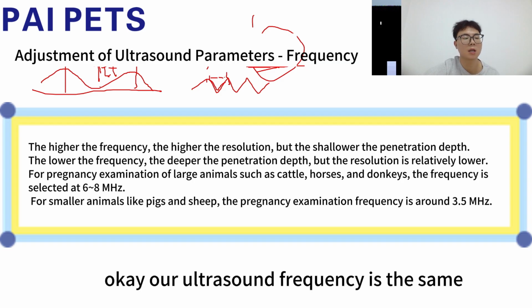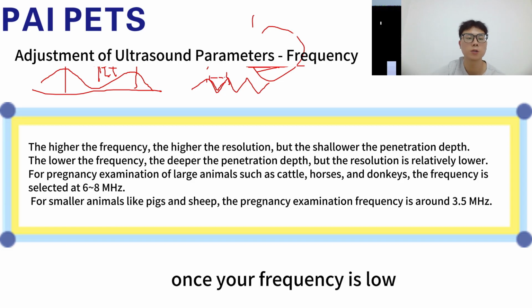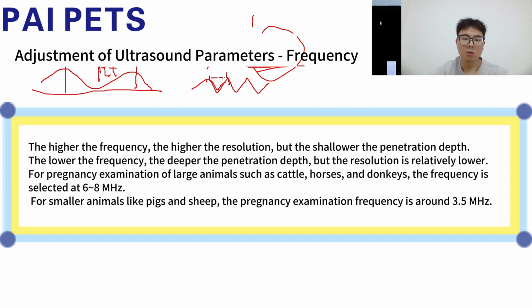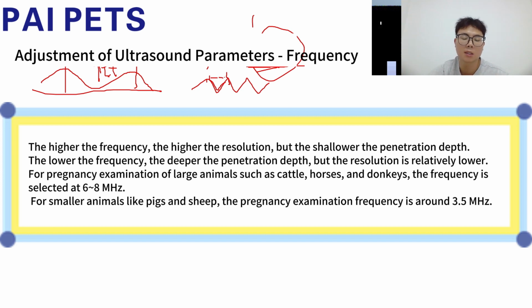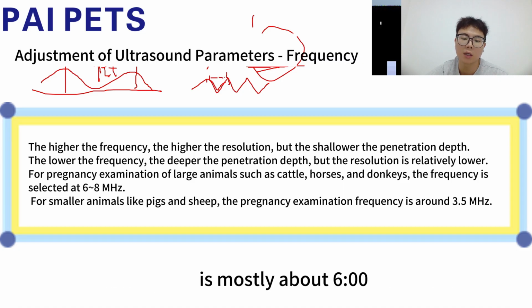Okay? Our ultrasound frequency is the same as the two pictures I'm drawing now. Once your frequency is low, your penetrating ability will be very strong. If you look carefully, you will find that the frequency of our rectal linear array probes is mostly about 6, 6 to 5, or 7 to 5.